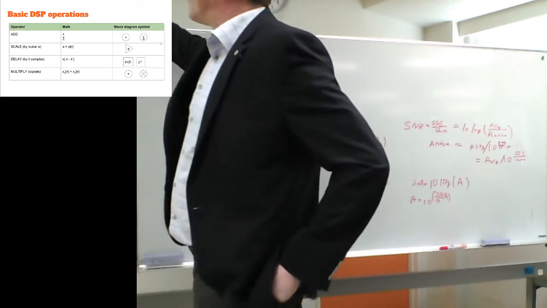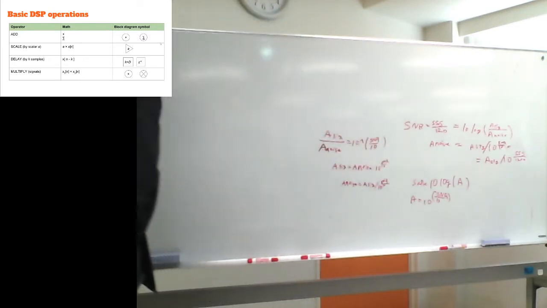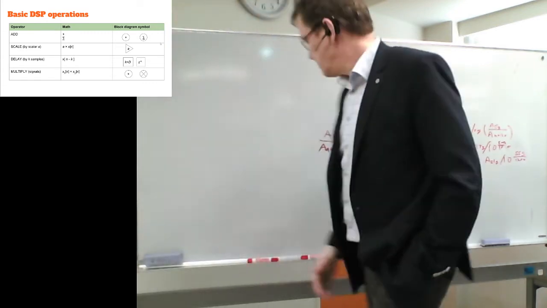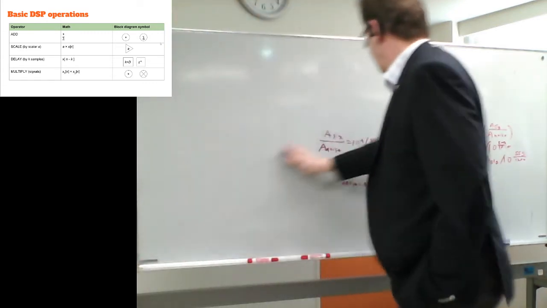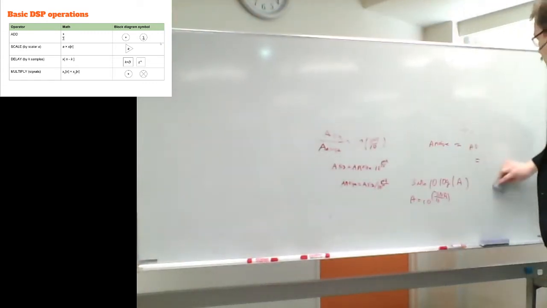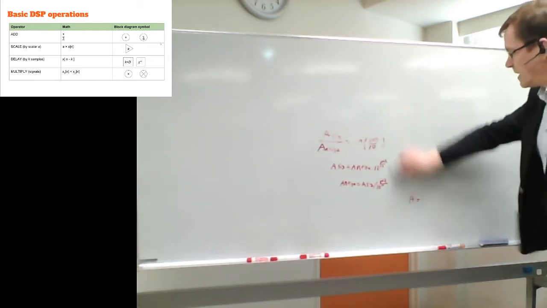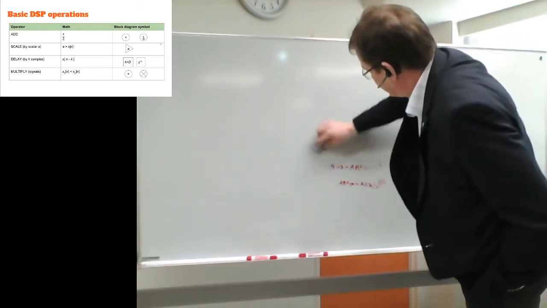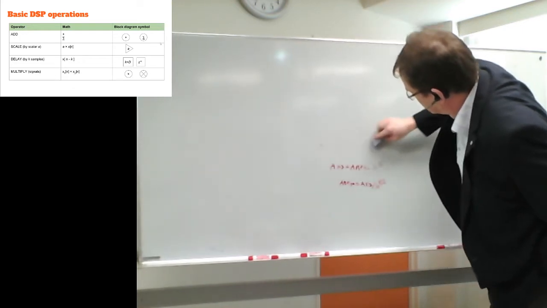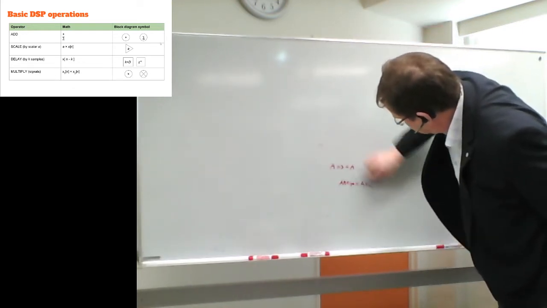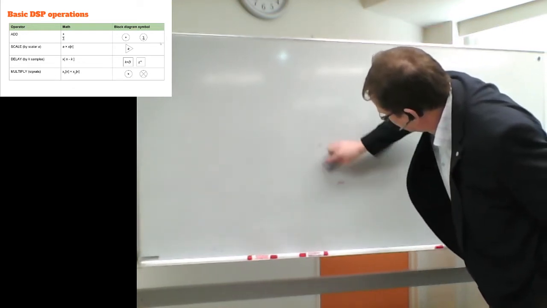Block diagram. So basically, if you have an addition on a block diagram, generally you have 2 inputs. You may also use several inputs.